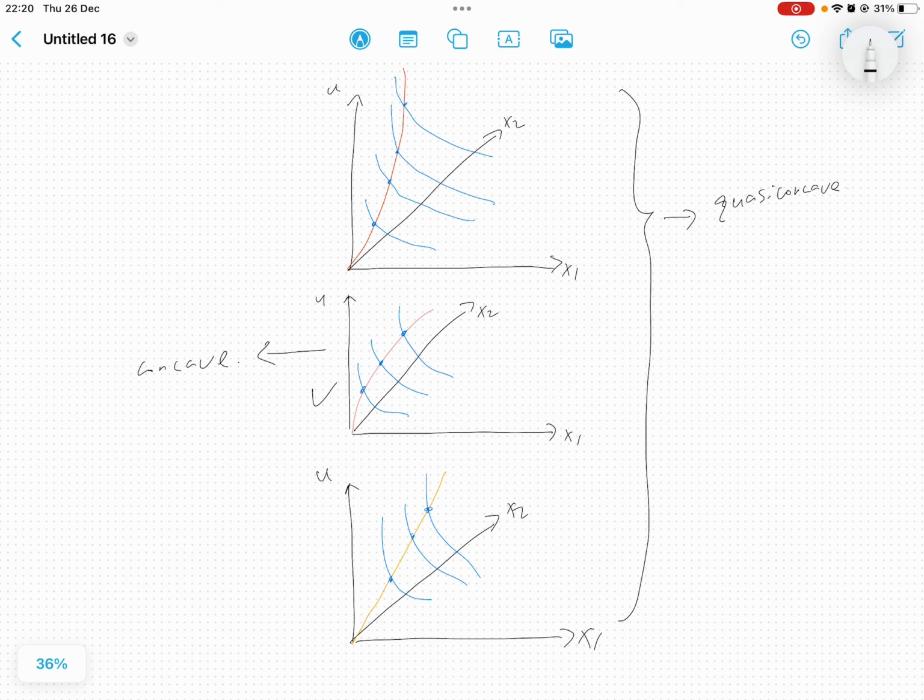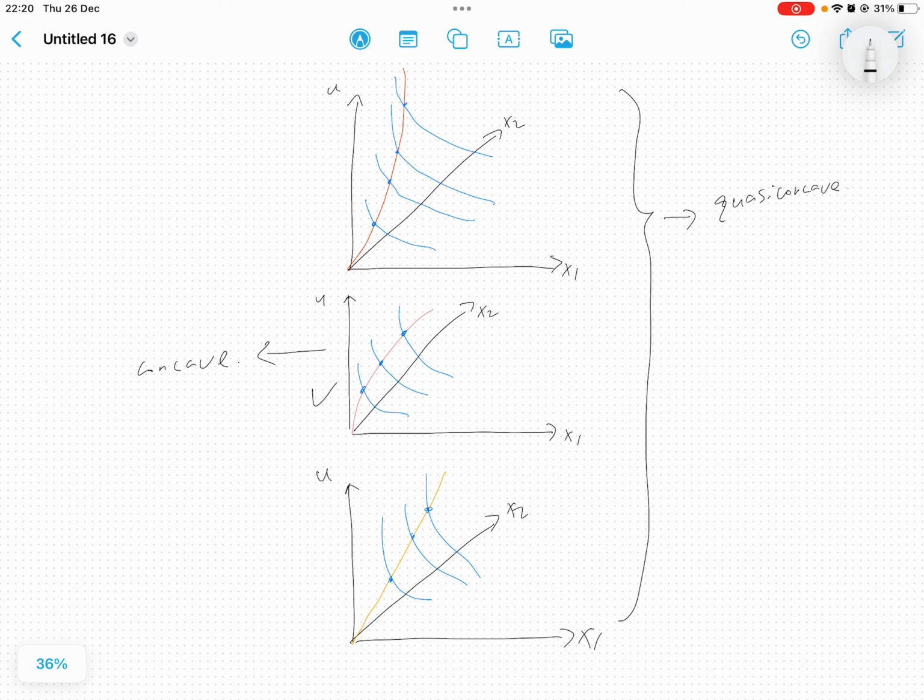This orange line, let's suppose, connects all those intersections of the 45-degree rays with the indifference curves. Here this orange line is concave, and this utility function would be concave, and it satisfies the definitions that we just mentioned.